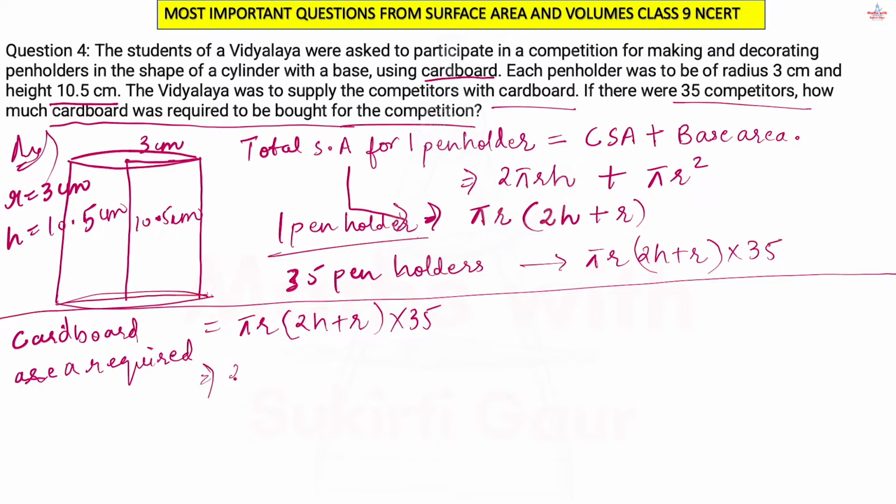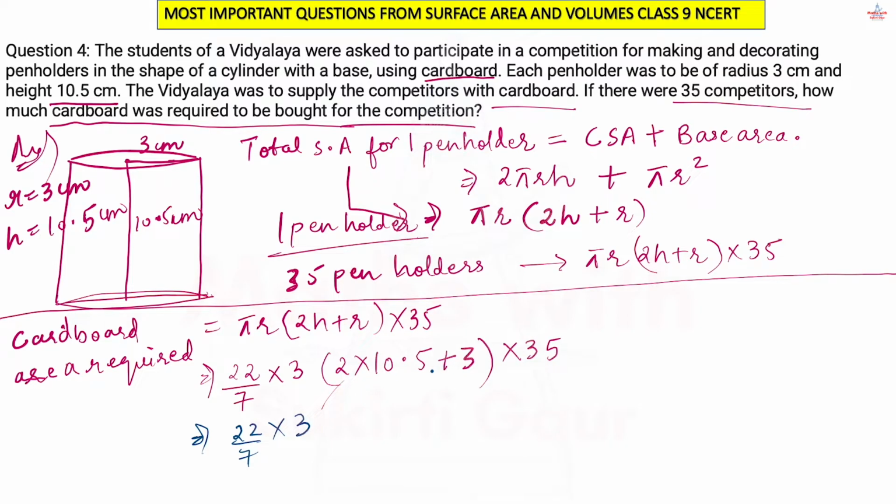Put all the values. 22 upon 7 into r is 3, into 2 into h is 10.5 plus 3, into 35, right? Now solve it.